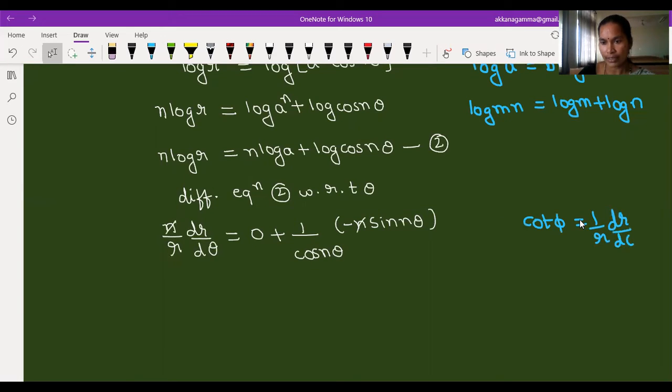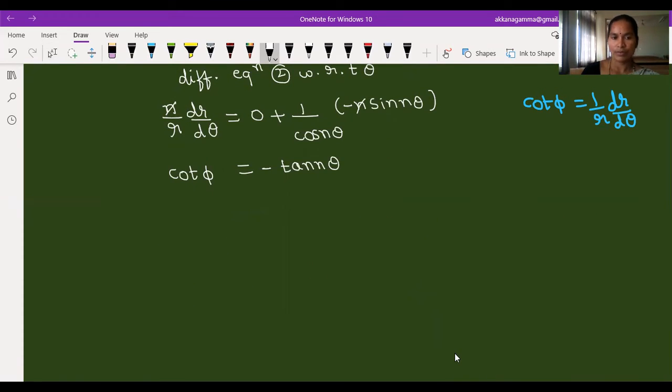I can substitute that here. So on the LHS we have cot of phi, which equals sine by cos, that is tan. Converting, cot of phi is equal to cot of 90 plus theta, that is pi by 2 plus n theta. So cot gets cancelled and we get phi as pi by 2 plus n theta.